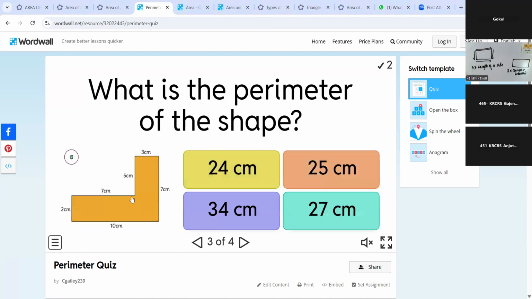So the next shape. Can you tell me what is the perimeter of this? 3 plus 5 plus 7 plus 2 plus 10 plus 7. Can you tell me what is the answer?